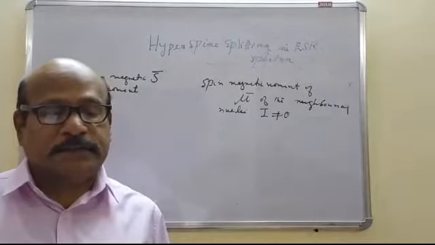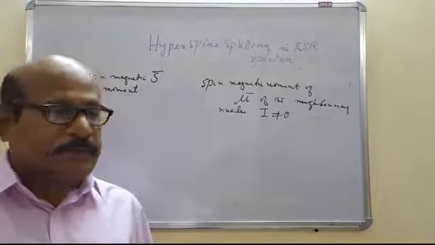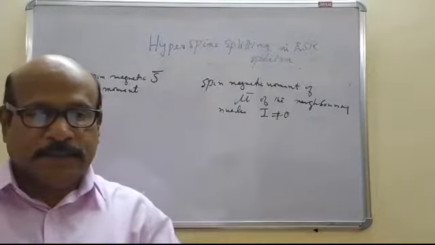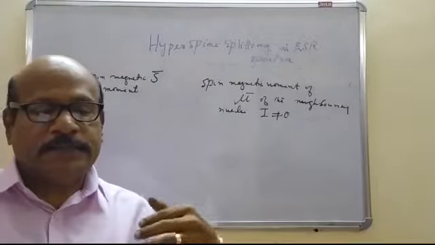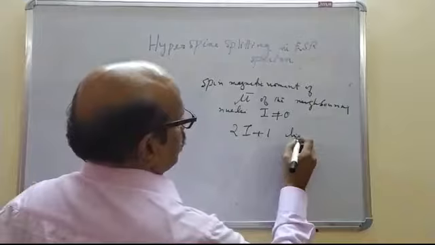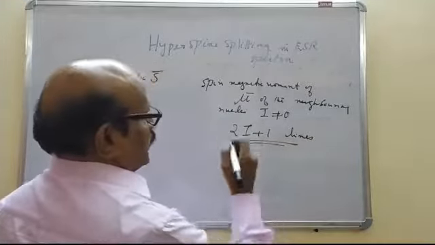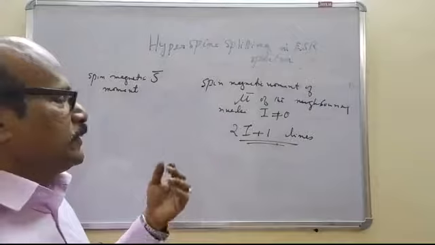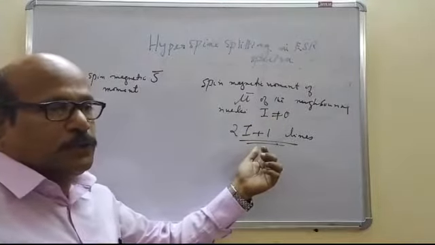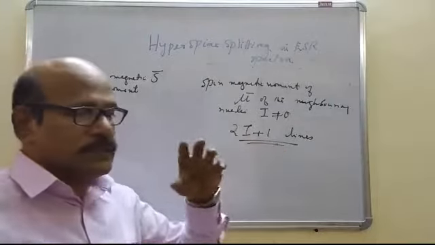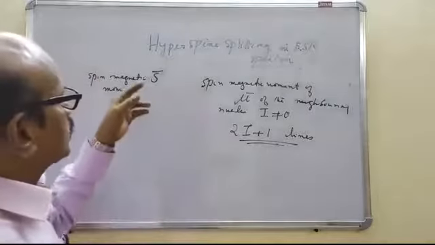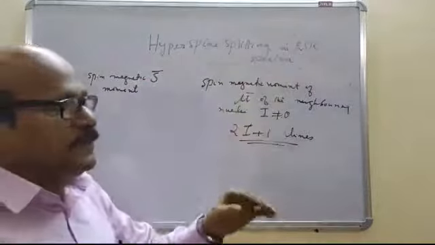If I is the spin angular momentum of the nucleus, then the ESR line is split into 2I plus 1 lines or components. So the ESR line is split into 2I plus 1 lines or signals in the resulting ESR spectrum, and this is called hyperfine splitting.